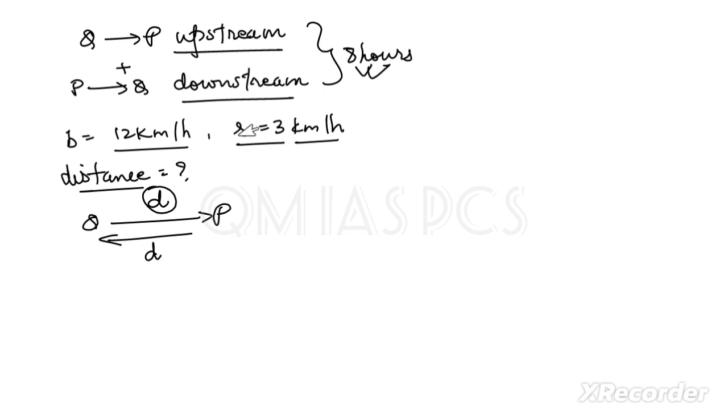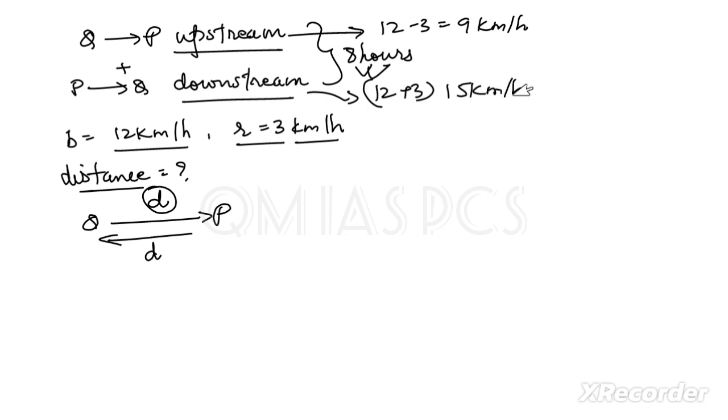Now what we will do, simple thing, the combined time is given as 8 hours. Now we know the speed for upstream: the speed will be subtracted, 12 minus 3, that is 9 kilometer per hour. And for downstream it will be added, 12 plus 3, that will be 15 kilometer per hour.